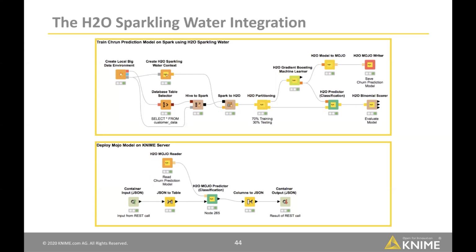Then you can call it via REST with the data you want to predict on, and it will apply the learned model on that single data row and give you back the result.